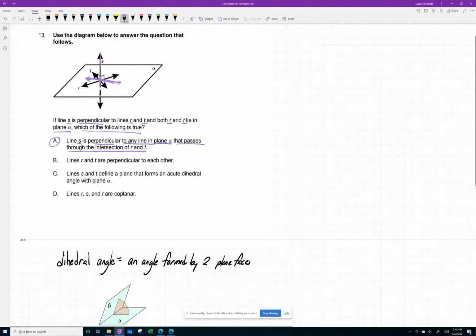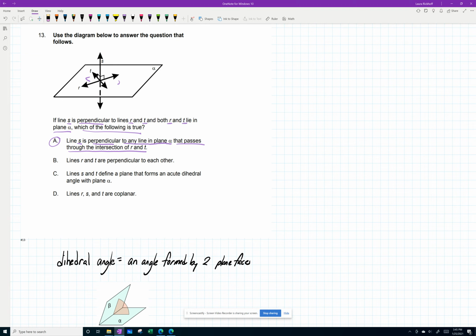Kind of seems like it would be, right? If I were to draw another one, my whole plane alpha is perpendicular to S. So it kind of feels like any line that I draw will be perpendicular to S. I'm kind of liking this one. But let's go on and see if there's anything better, or see if we can just reinforce it.